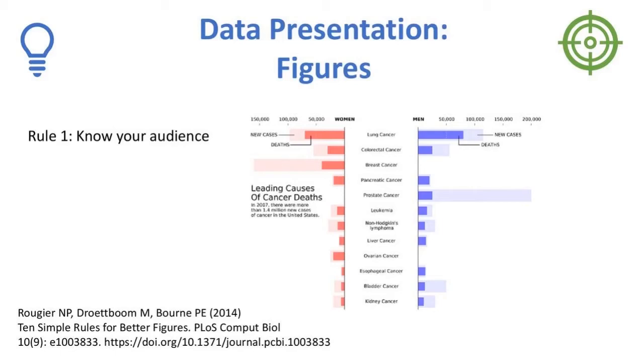So the first thing to think about when putting together data presentations is your audience. What journal are you submitting it to? And so what kind of presentation will you be giving? That's the first thing to think about when putting together your figures, your message, but also who's going to be reading your paper.